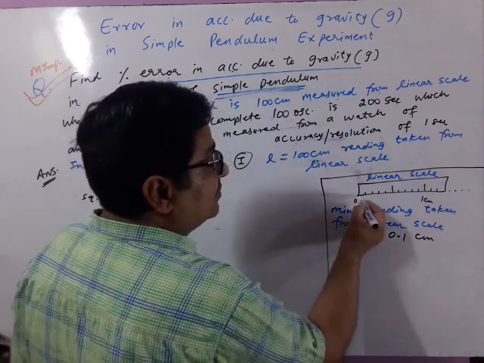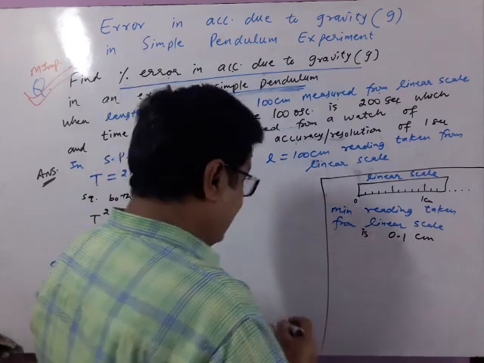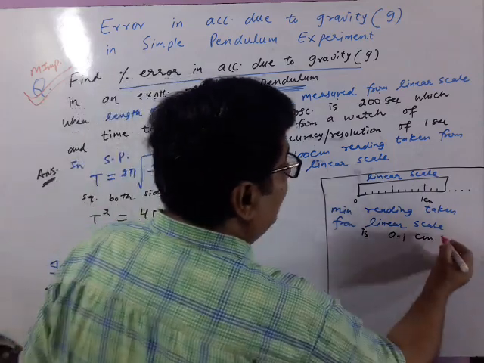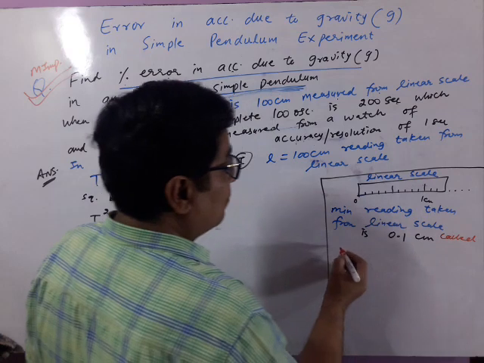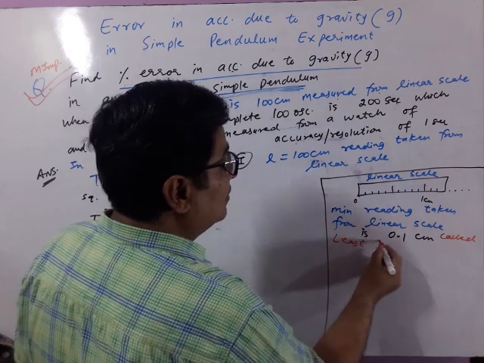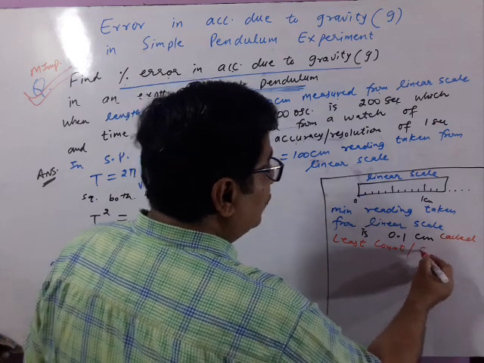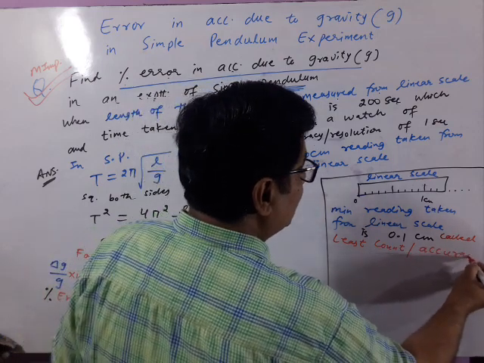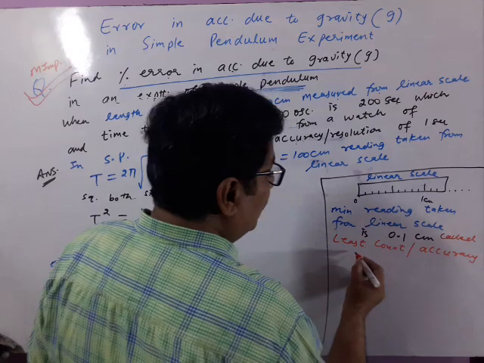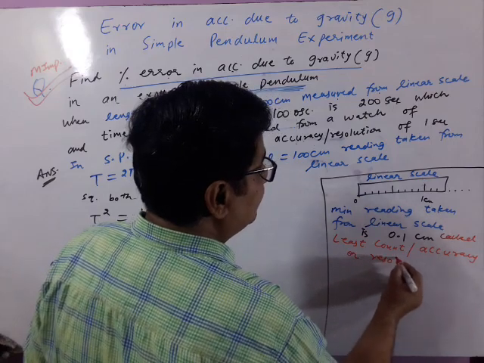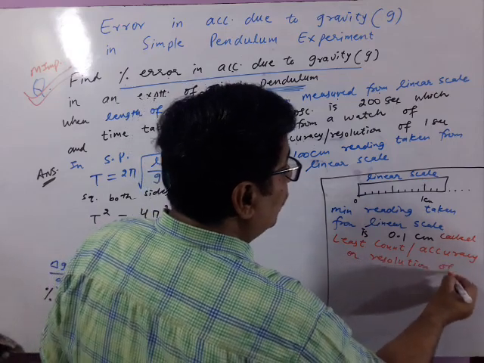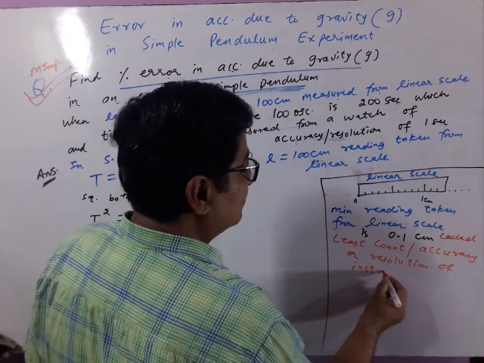Precisely you will say it is 0.1 centimeter. This is called least count or accuracy or resolution of instrument.